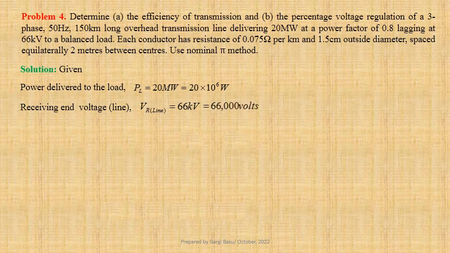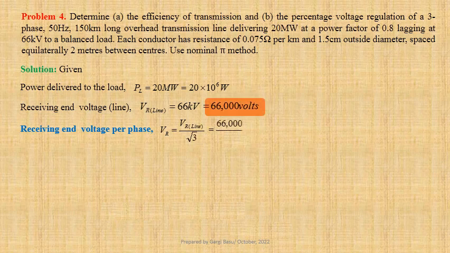For star connected system, receiving end voltage per phase VR equals VR line divided by root 3, that is 66,000 divided by root 3, that gives us 38,105 volts. Given load power factor cos phi L equals 0.8 lagging.